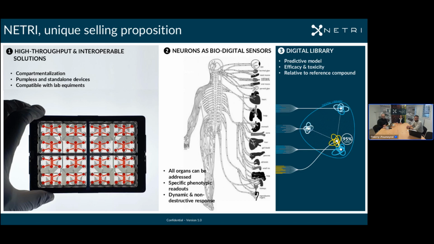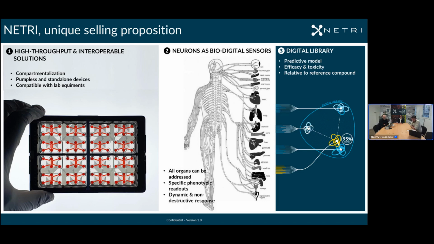So 6 wells for 1 chip, which means a 16-well plate, fully compatible with lab equipment, whether for fluid handling, automation, imaging, or, as we do in our laboratories, feeding the cells through an automate, a Beckman Coulter, by the way. That's another big advantage. You don't need any other artifact around our devices.